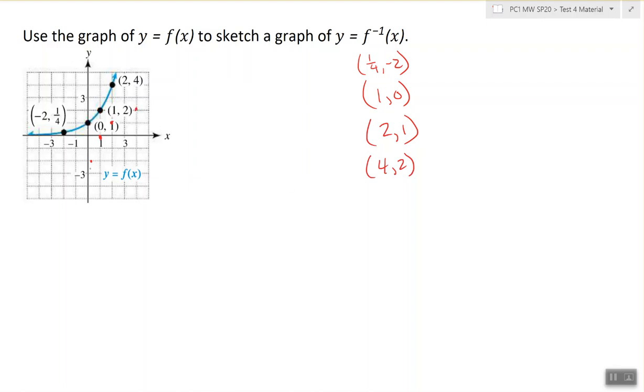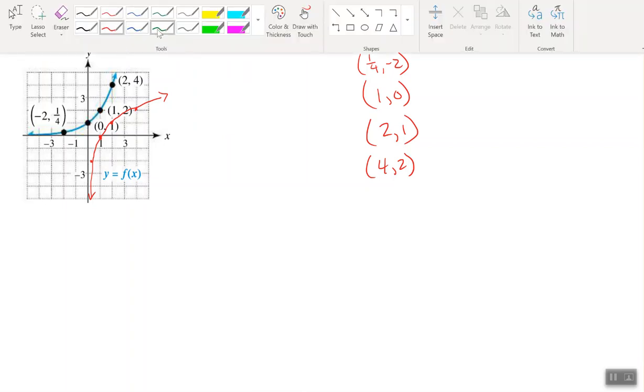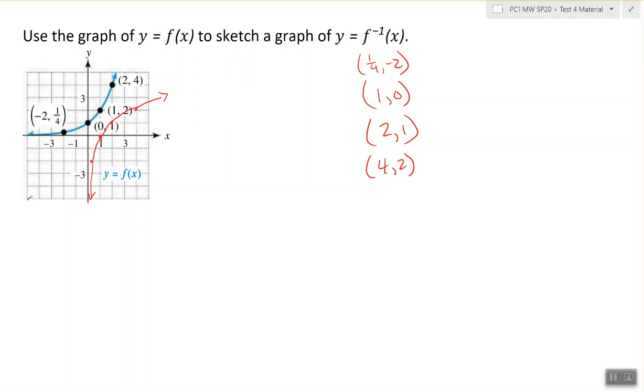Okay, so there you are. And if you miss it, you can always go back and try drawing it again a little better. There you go. And it's interesting to note that whenever you graph these functions and their inverses, you'll see a pattern: they are symmetric to the line y equals x.